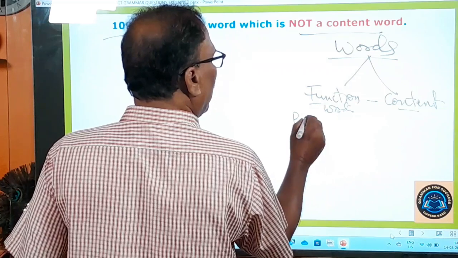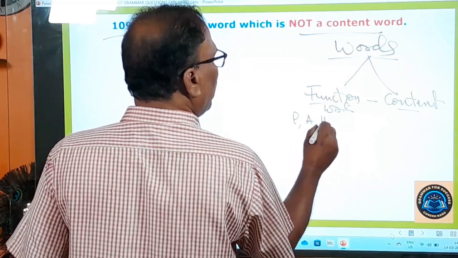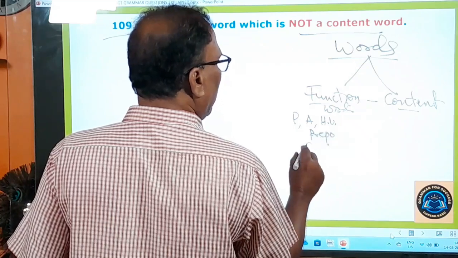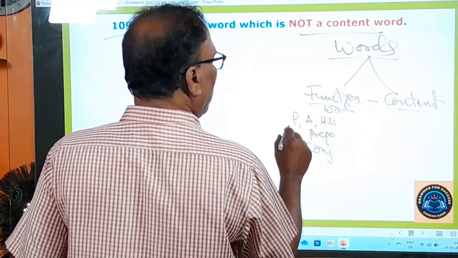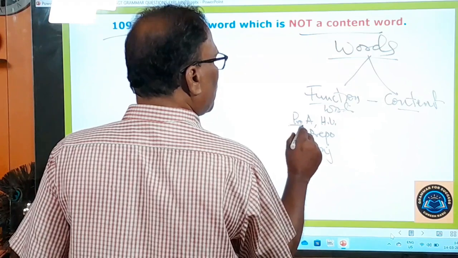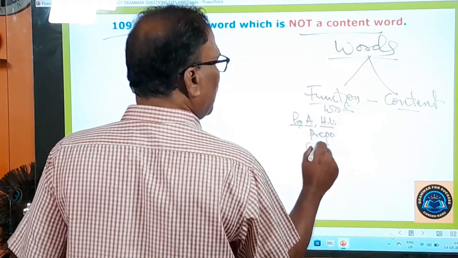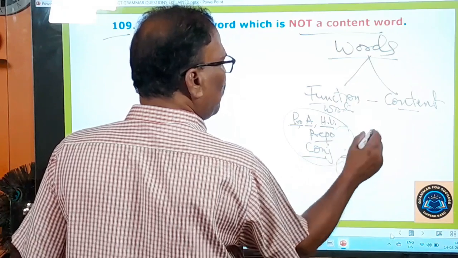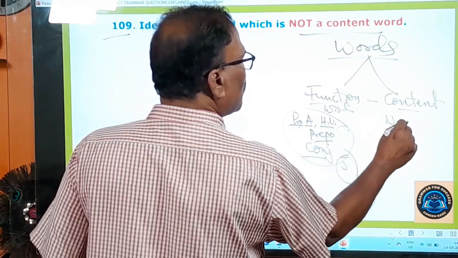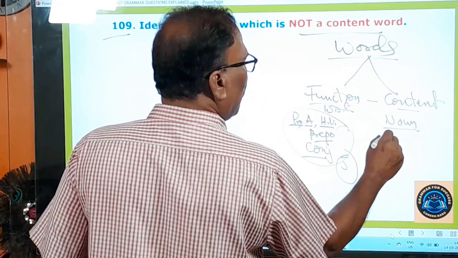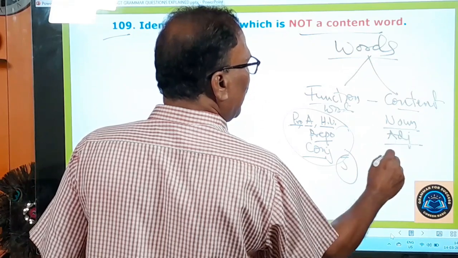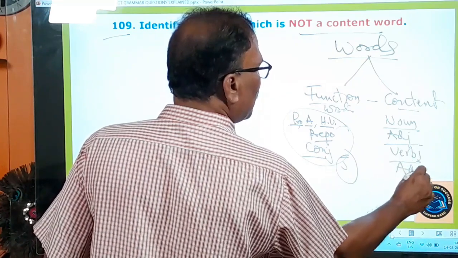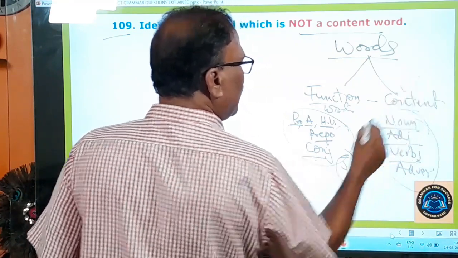Pronouns, articles, helping verbs, prepositions, conjunctions. These five are called function words. And nouns, adjectives, verbs, adverbs, these four are called content words.